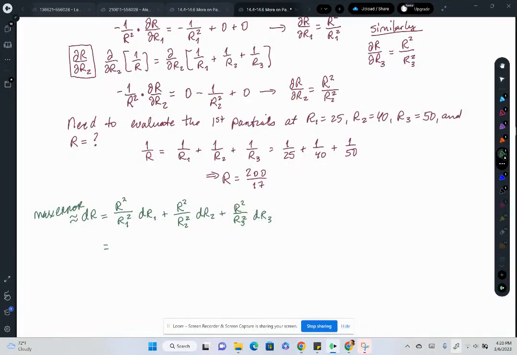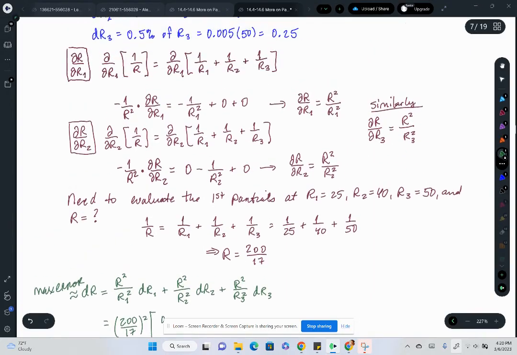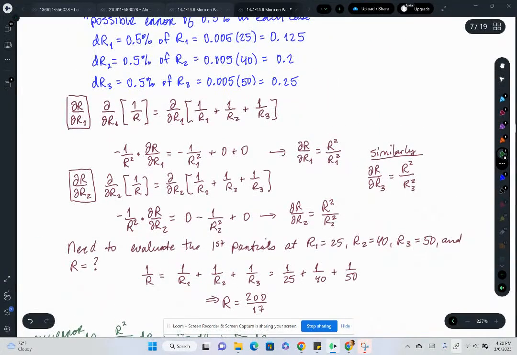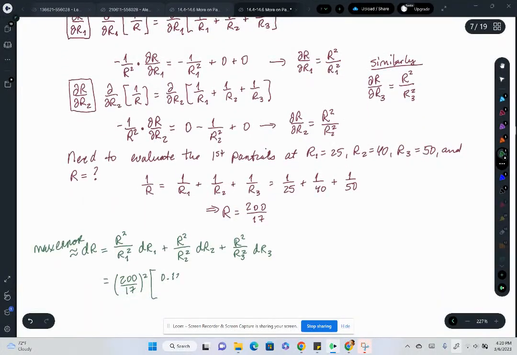Oh, look at that, I have an R squared in common in every single term. I'm going to factor that out. That's 200 over 17, all squared. Inside, I have my dR1, that's 0.125 over R1 squared. R1 is 25.